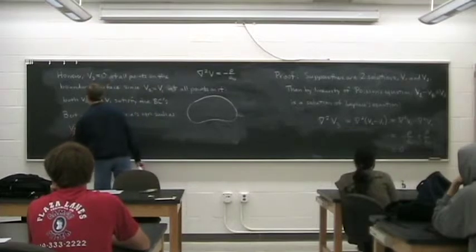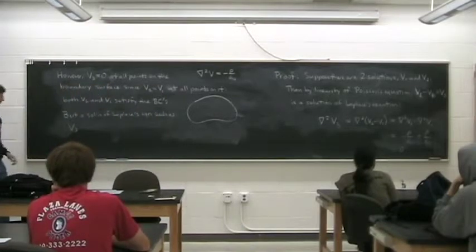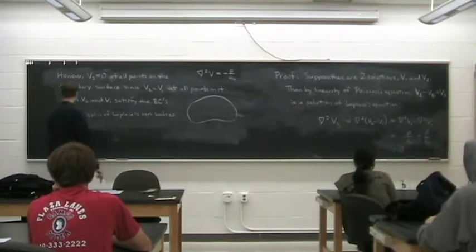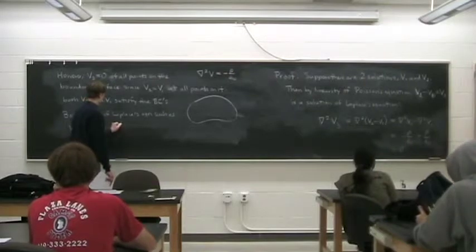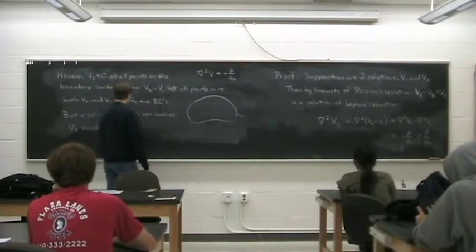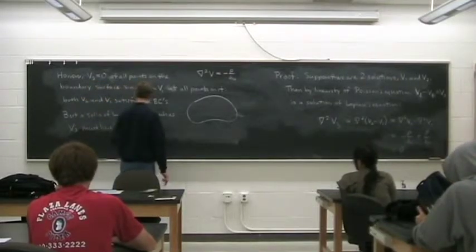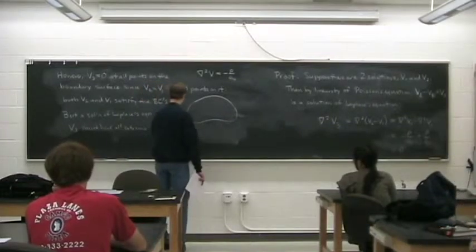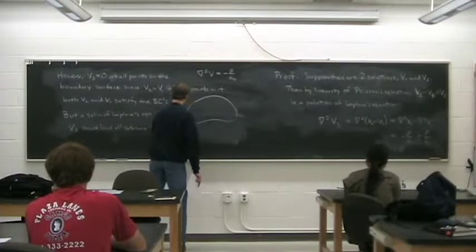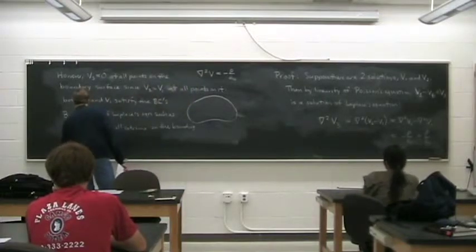So V3 is a solution of Laplace's equation. All its extrema have to be on the boundary. All the extrema have to be on the bounding surface.